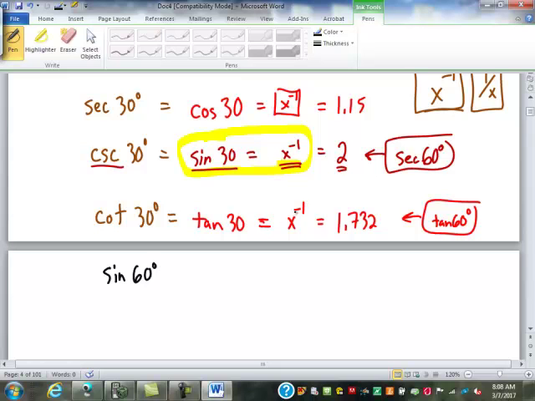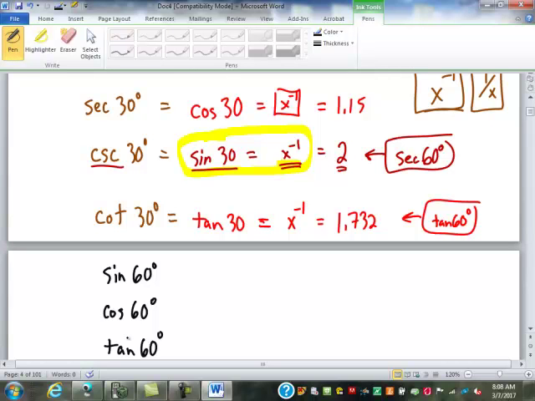Tangent of 30, hit equals, and then x negative 1. So that's it now, right? Now you got to hit the x negative 1 and hit equals again. That's it. Those are the 6 functions.